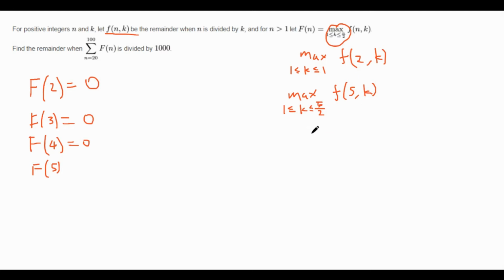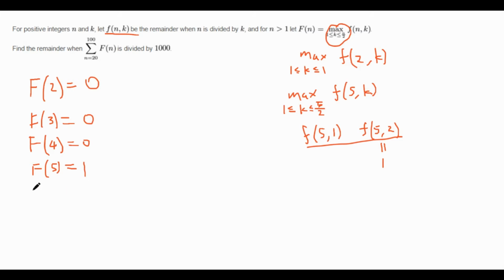What we do here is compare all the possible values of k: f(5, 1) and f(5, 2), and out of these two values we find the maximum. Clearly f(5, 1) is 0 because anything divided by 1 has a remainder 0. However, f(5, 2) is equal to 1 because when we divide 5 by 2 we get a remainder of 1. So out of these two, f(5, 2) is the greater one, so big F(5) is equal to 1.